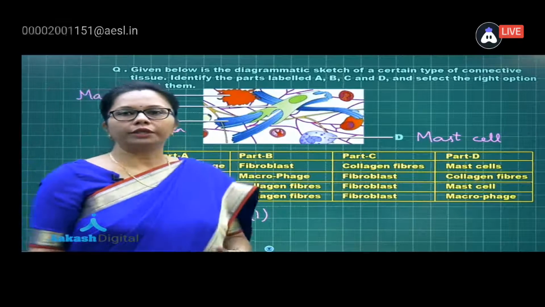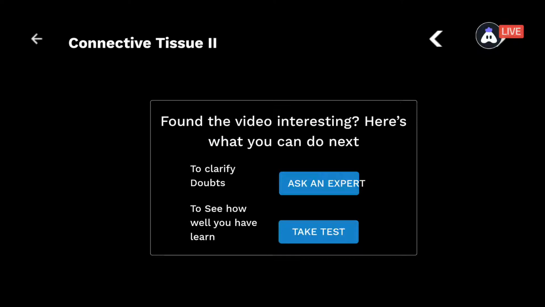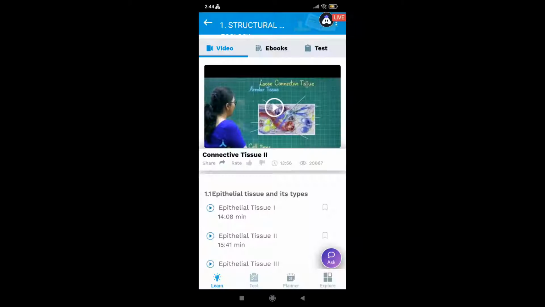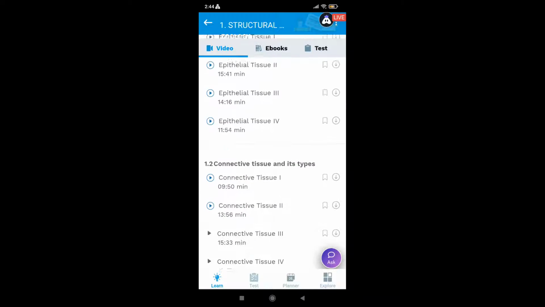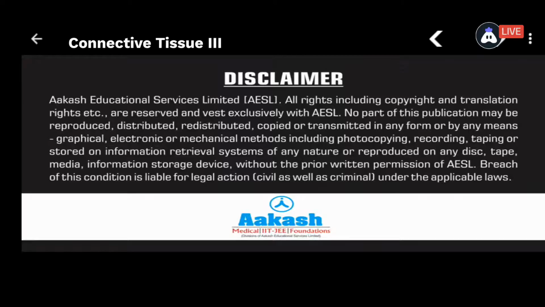Now let's move on to the dense connective tissue. Dense connective tissue is the connective tissue in which the matrix has abundant fibers, increasing its density.